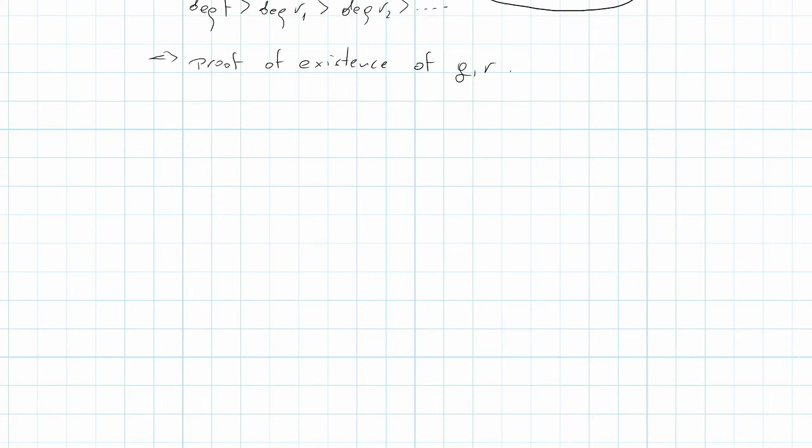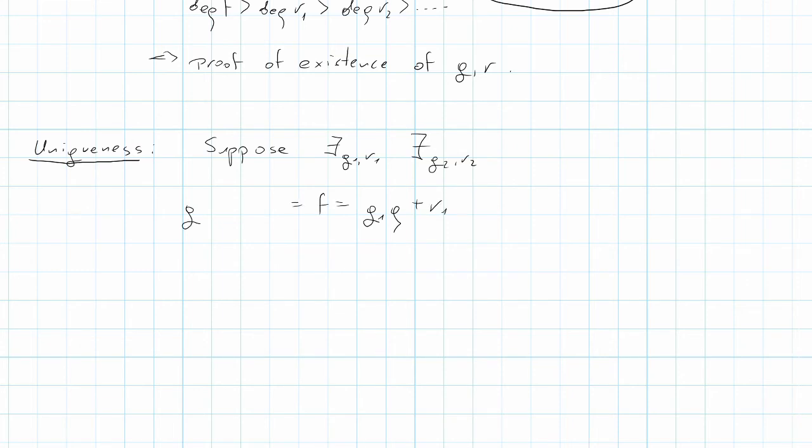So now, uniqueness. Suppose that there exist q1, r1 and there exist q2, r2, and that both satisfy the assertion of the proposition, so that the polynomial f on one side is q1 times g plus r1, on the other side it's q2 times g plus r2.